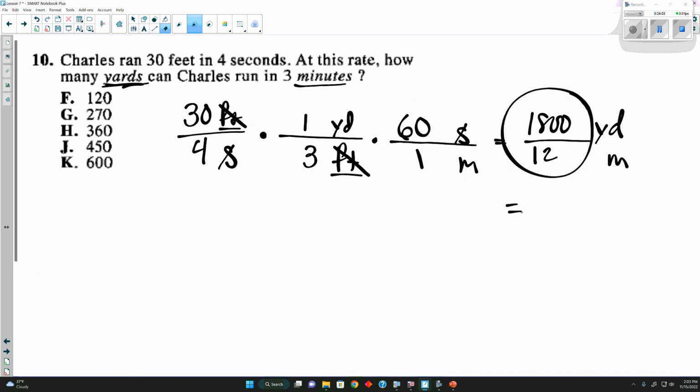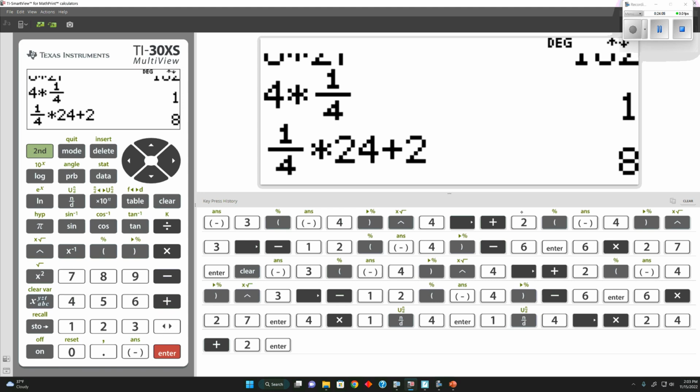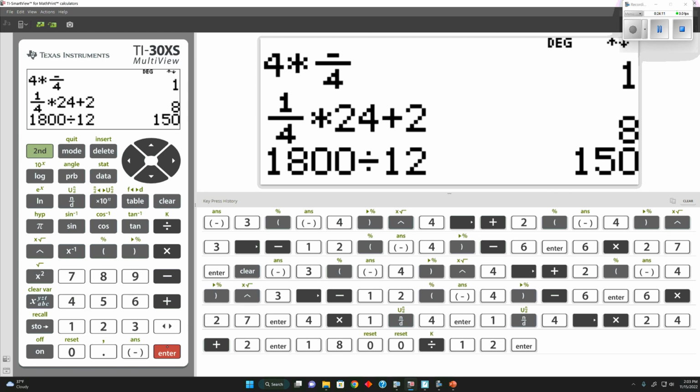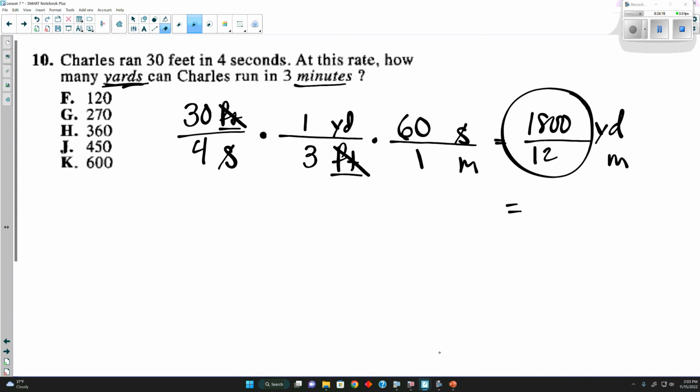We would need to divide these two here. 1,800 divided by 12 is, so 150, yes?